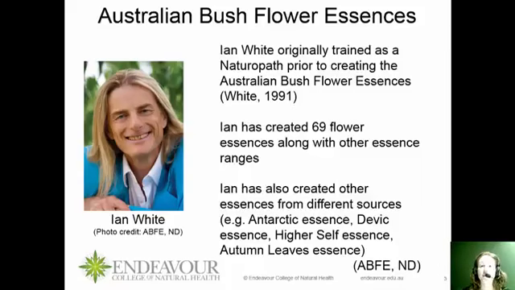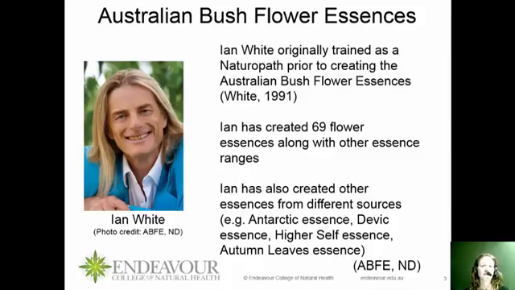They are relatively well known, not just in Australia but around the world. They were created by Ian White in the 80s. Quite a few of them were created in the 90s, and Ian wrote his first book, Australian Bush Flower Essences, in 91. He created 69 flower essences originally, and we're going to study some of them here today.